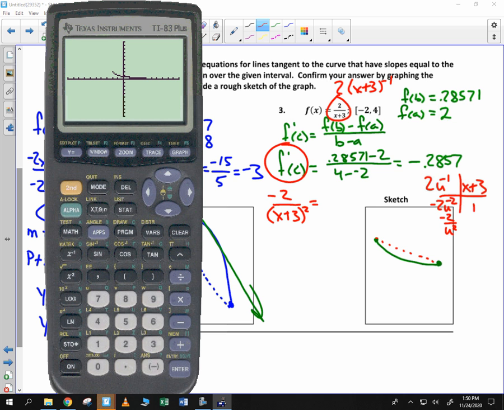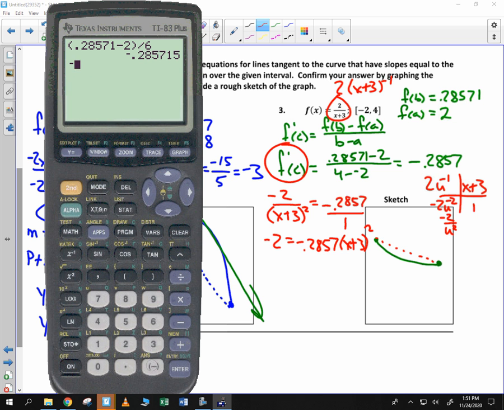I'm going to set that equal to negative 0.2857 over 1. I'm going to cross multiply. I get negative 2 is equal to negative 0.2857 times x plus 3 quantity squared. I'll take the negative 2 and divide it by negative 0.2857, and I get 7 is equal to x plus 3 quantity squared.